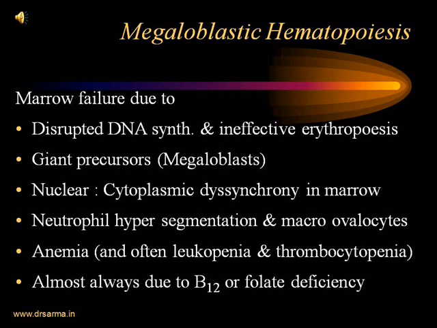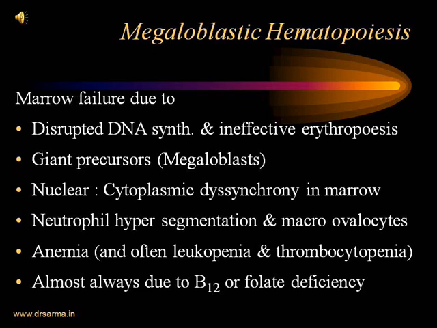In macrocytic anemia with megaloblastic hematopoiesis, there is marrow failure. This marrow failure is due to disrupted DNA synthesis and ineffective erythropoiesis. Why is the DNA synthesis disrupted? This is because the key nutrients for DNA synthesis are folate and of course vitamin B12.